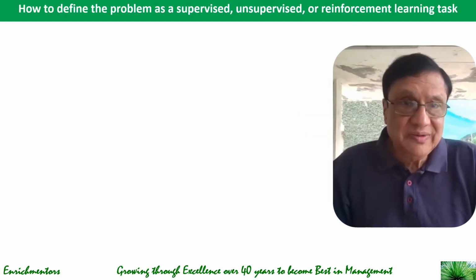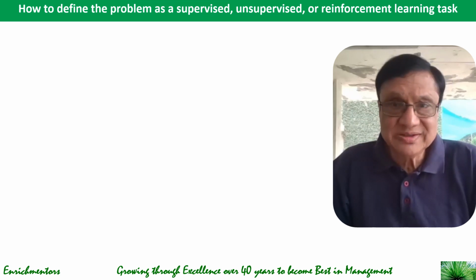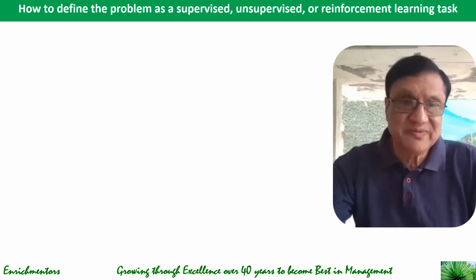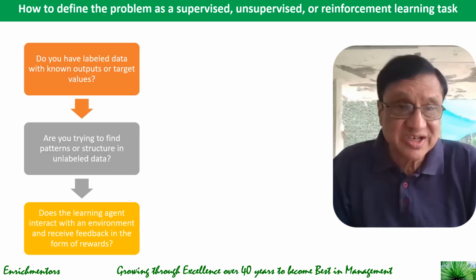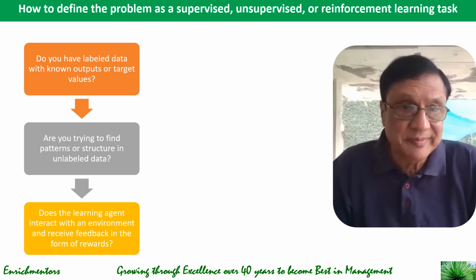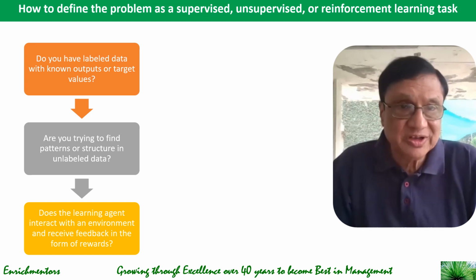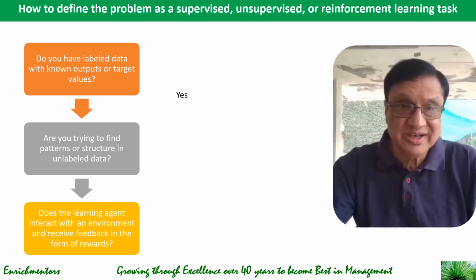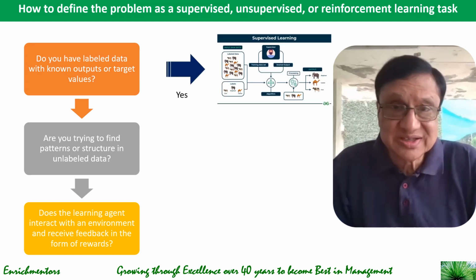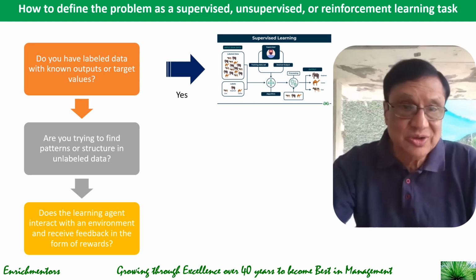So to define the problem as supervised, unsupervised, or reinforcement learning, you need to ask a few questions. You need to ask three questions, and let's take them one by one. The first question is, do you have labeled data with known outputs or target values? If the answer is yes, then this is clearly a supervised learning task. If the answer is no, then you go ahead and ask the second question.